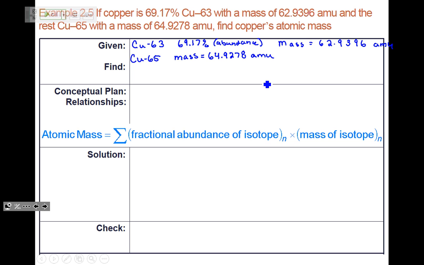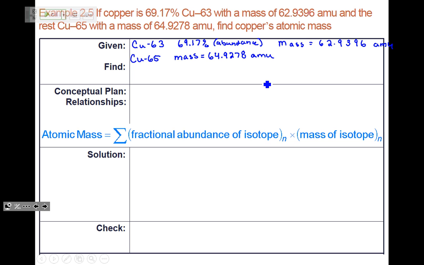So notice this is fractional abundance. So I want to convert my percent to a fraction, in other words, to the decimal form instead of the percent. That's really easy. What I'm not given is my abundance of copper 65. But if we only have two naturally occurring isotopes, that's not going to be very hard to calculate because I know some things about percentage.